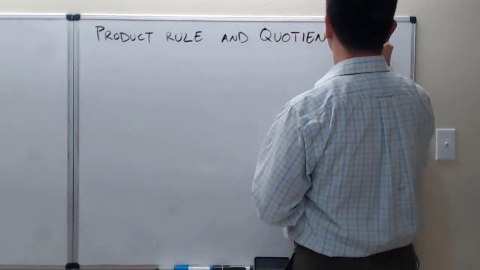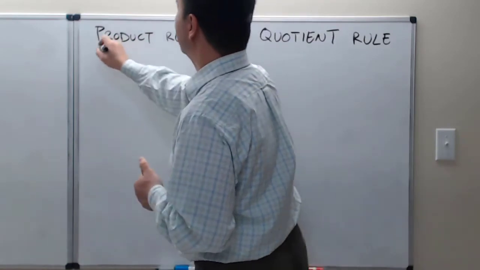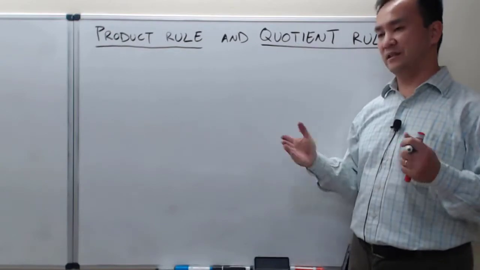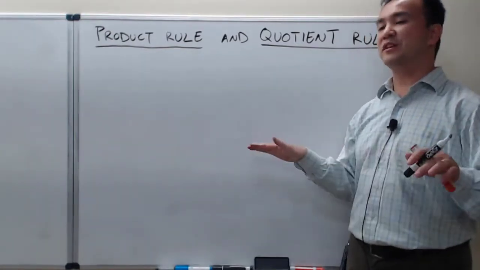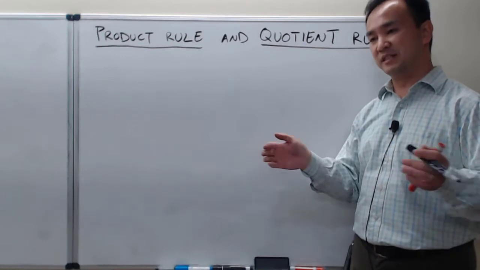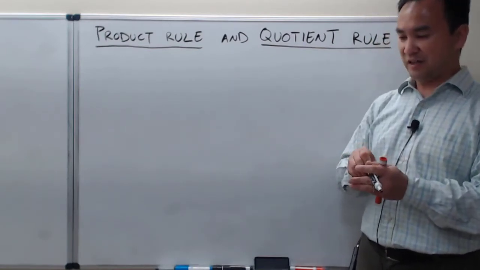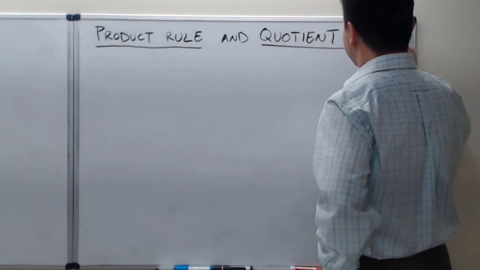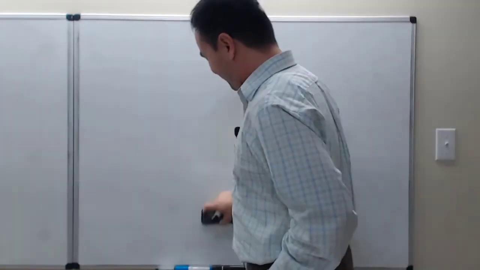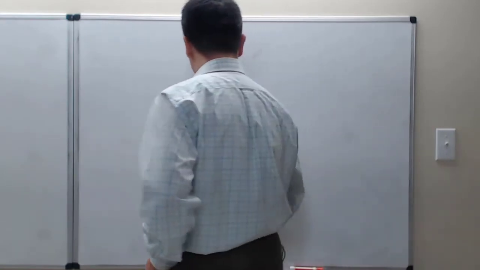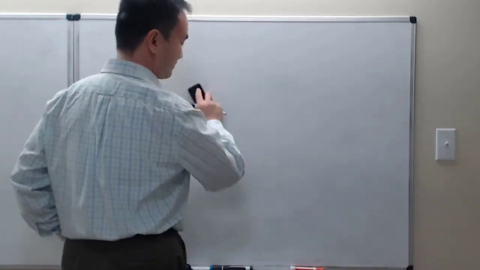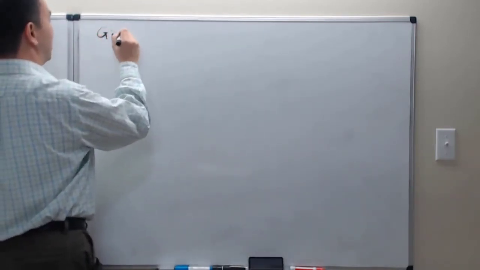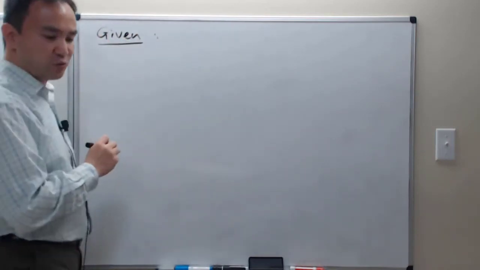These rules are all about techniques, methods to find derivatives quickly, effectively, and efficiently, and completely bypass the limit definition. Okay, so again, let me propose a starting problem. Let's say we're looking at a given function and we're asked to find the derivative.